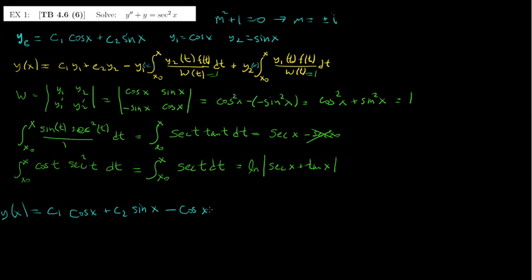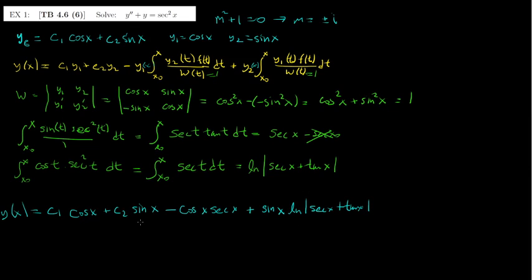And then plus y2, which is sine of x, times this integral here, which we found was natural log of secant plus tangent. So times natural log of absolute value of secant plus tangent. And I know I've said a million times we can ignore the absolute value. We're going to keep it here, I think, because you never know when this might end up being a negative.